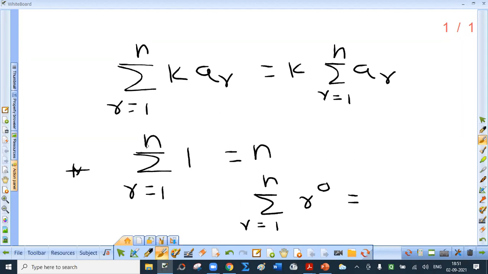So what is 1 raised to 0? 1. Sigma stands for summation. So plus next value of R, 2. What is 2 raised to 0? 1, till upper limit n. N raised to 0 is also 1. So 1 plus 1 plus 1, how many times? n times. Is that clear? So what is sigma 1? It is nothing but n.